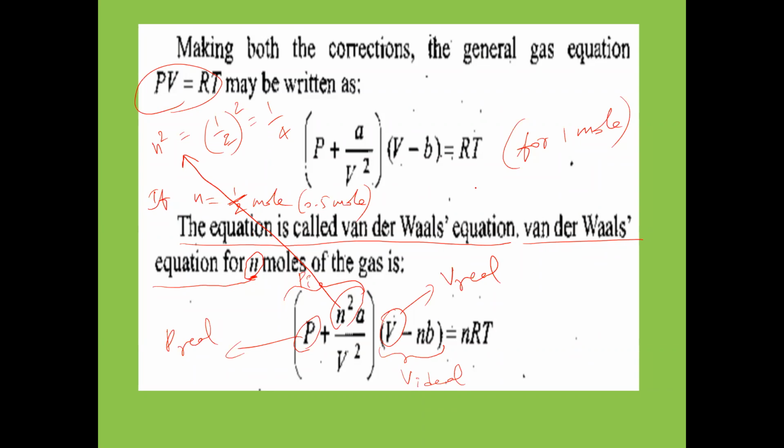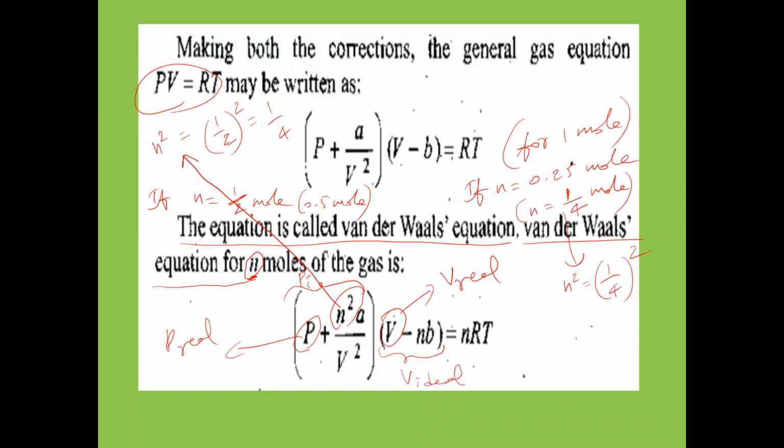And sometimes they ask if n is equal to 0.25 moles. 0.25 moles means n is equal to 1 by 4 mole, then n square will be 1 by 4 whole square, that is 1 by 16.